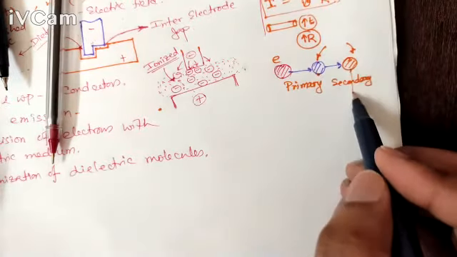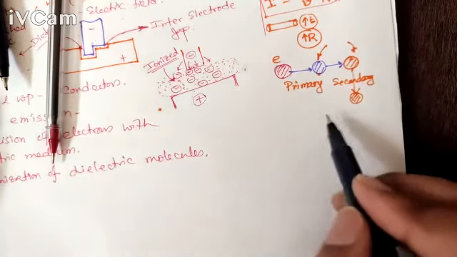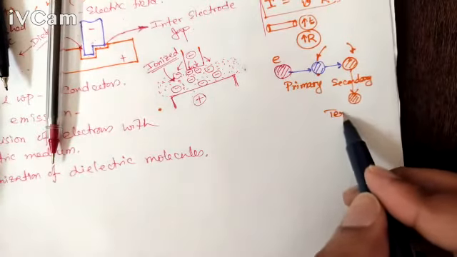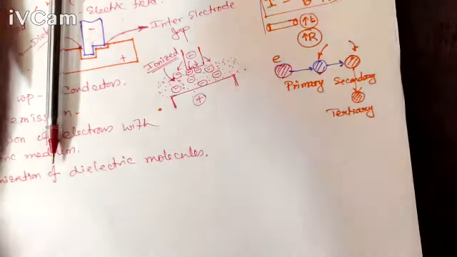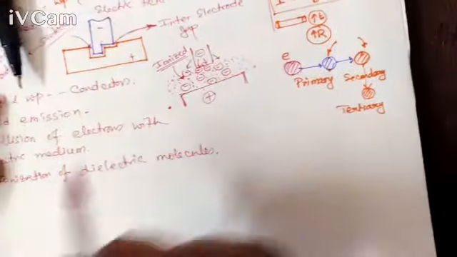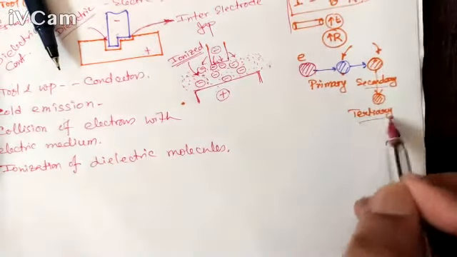Once this molecule again hits another molecule of the dielectric, that will be called tertiary collision. So after primary collision, secondary and tertiary collisions will take place.